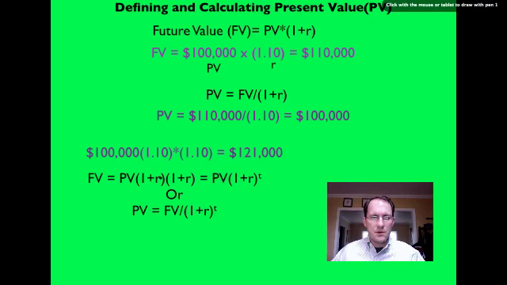So present value times 1 plus r times 1 plus r equals present value times (1 plus r) to the t, or present value equals future value divided by (1 plus r) to the t. So all I did here is manipulate those two equations like I did up top. So what is that t? Well, the t is 2 in this case for 2 years.